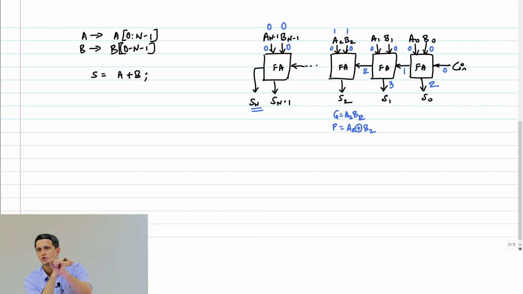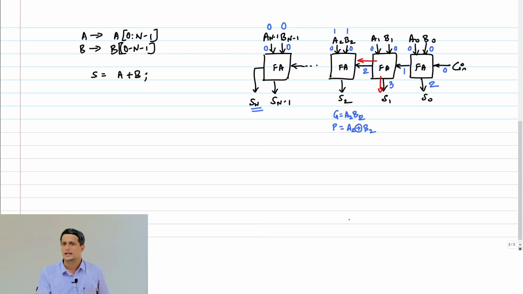So we said that assume the carry out generation time is 1 unit and the sum generation is 2 units. Why did I make this discrepancy there? It's because the sum can take extra time to generate, but the carry has to propagate. So while this carry is propagating from this stage, this sum is being evaluated in parallel.